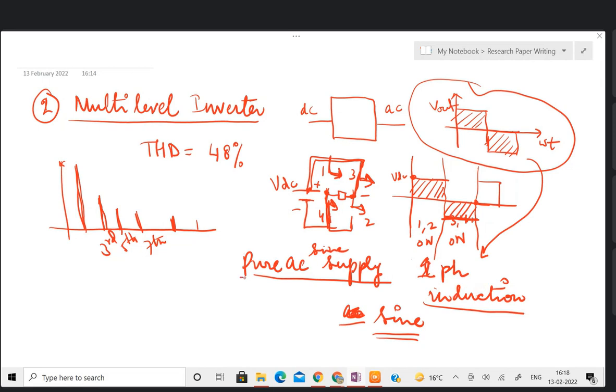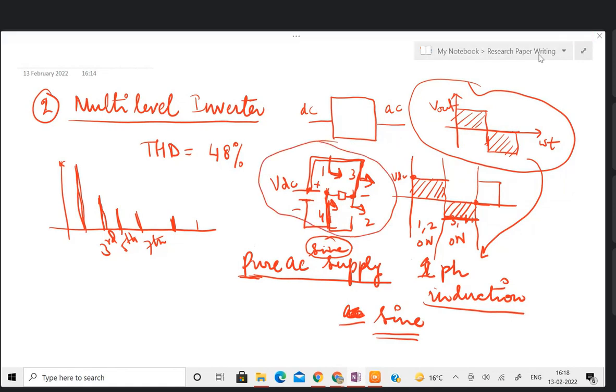So most AC loads work well when a pure sine wave is given to them. But how to obtain a pure sine wave from this square wave inverter? It is not possible with this configuration. So researchers have suggested cascading these inverters.